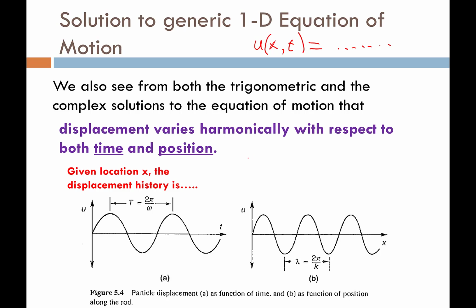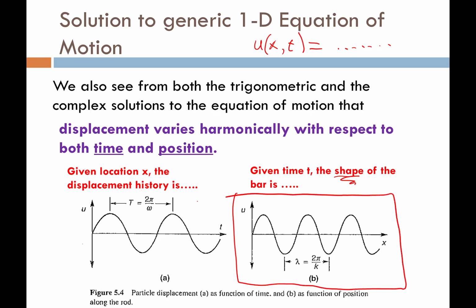So now I'm just plotting, if this is my bar, let's say that I have compression and then tension and then compression and then tension, compression and tension along the bar at any given time t. So this plot right here is saying, given a snapshot in time, at time equals t, the shape of my bar is equal to this plot right here.